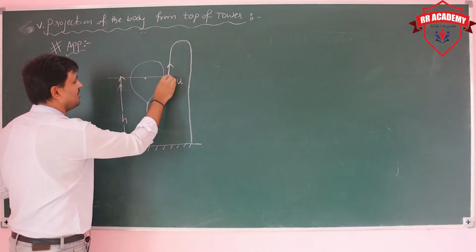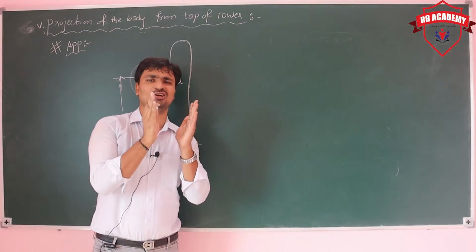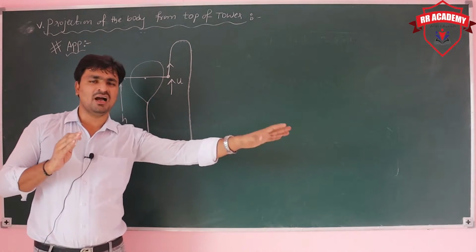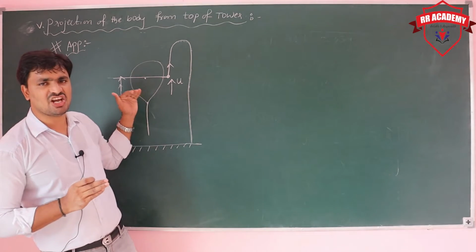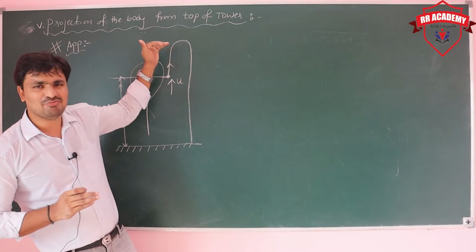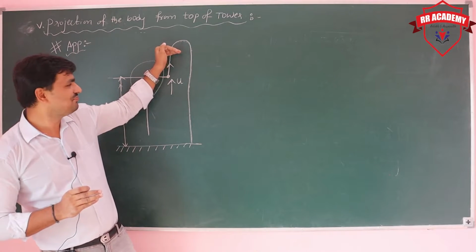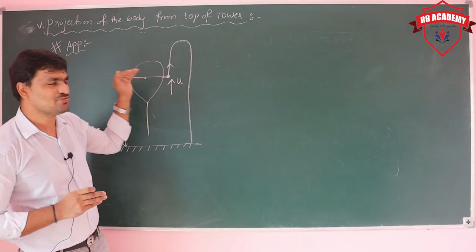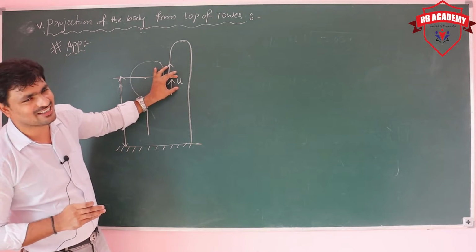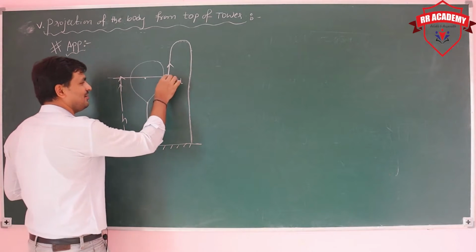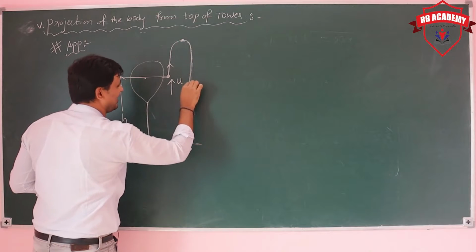At the time of dropping, the balloon has initial velocity u in the upward direction, which means the body also has initial velocity u upward. So the body moves upwards, reaches the maximum height, and comes down again.